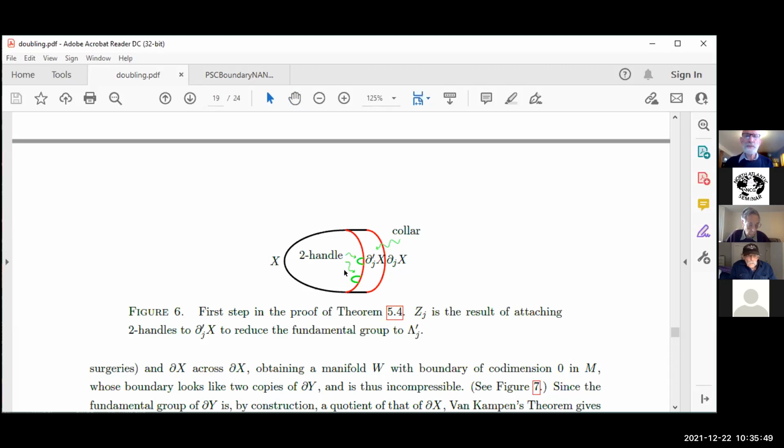And then once you're in that situation, you're in a position to use the results about product type boundary conditions to construct a metric of positive scalar curvature, not on this, but on this thing with the surgery.